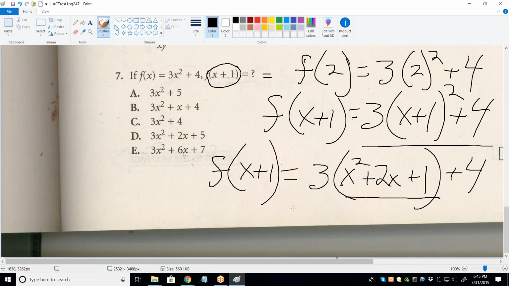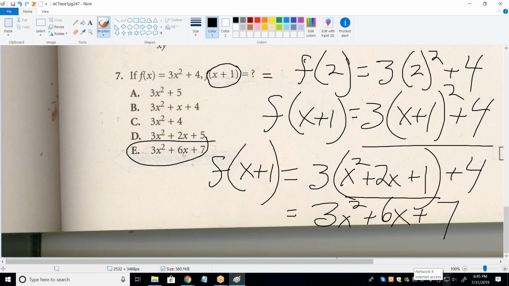So simplify that. In other words, you're not done yet. You need to keep simplifying. Okay? Tell me what the next line is. Okay. That's full simplification. That's that answer.